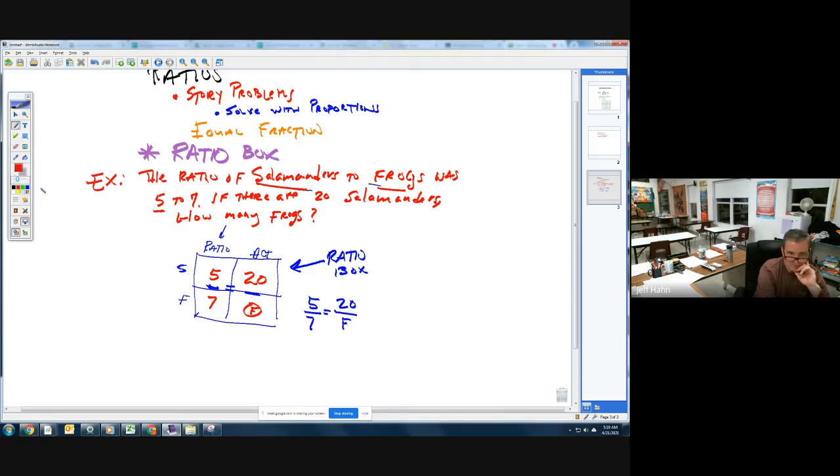How do I go from 5 to 20? I multiply by 4. And 7 times 4 is 28. So 28 would go right there. That is how many frogs I would have, 28 of them, and that would be my answer.